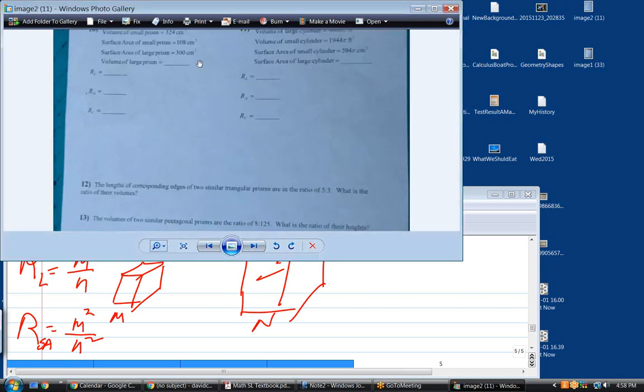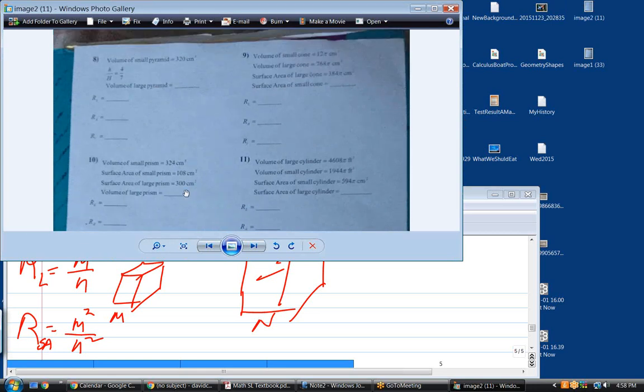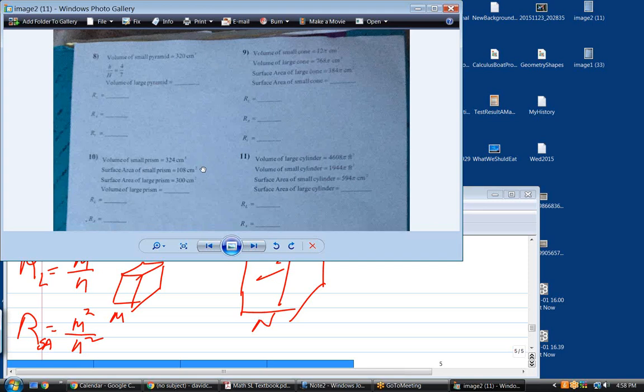Oh, this sheet. Now, some of these, in other words, they give you the volume and they give you the surface area. And so you kind of have to take the cube root of the volume ratio to get the linear ratio. And then you square the linear ratio to get the surface area ratio.